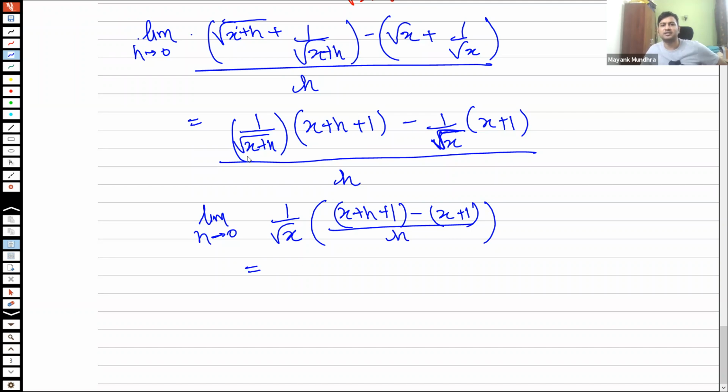Because x is non-zero, x plus h and x are same, so I can take that as common. So this becomes now 1 by root x times h upon h. No, no, it would work through expansion. Definitely made some mistake somewhere.